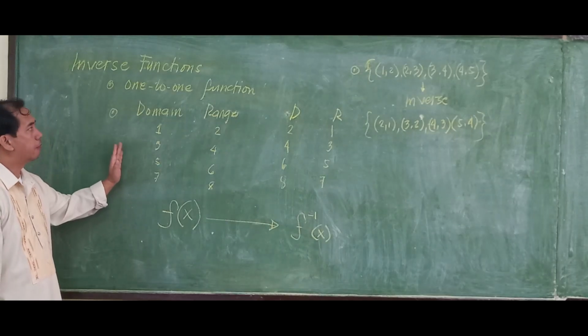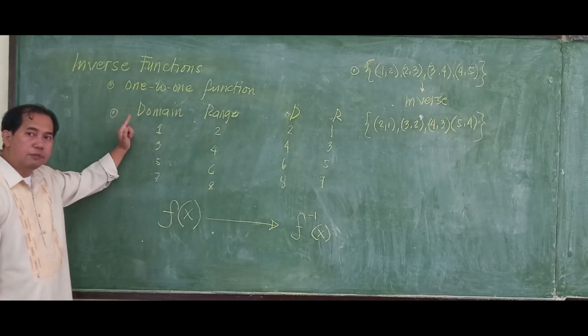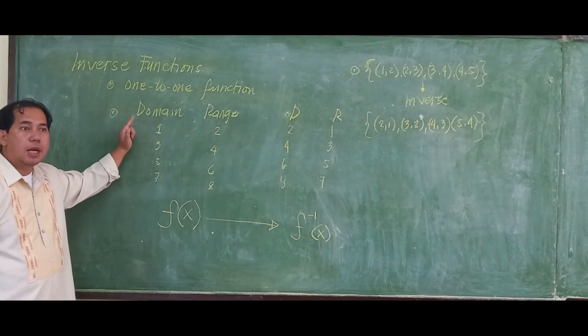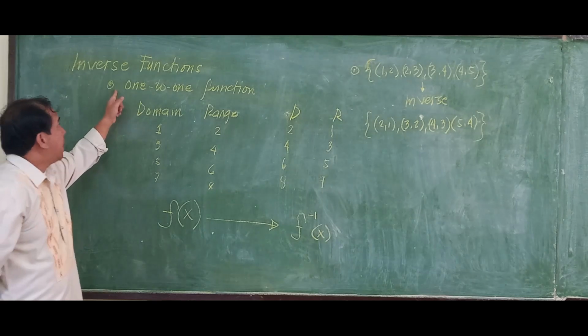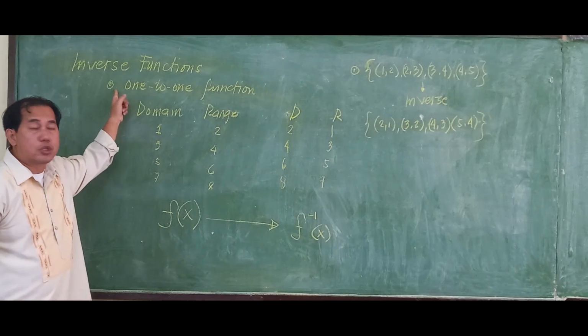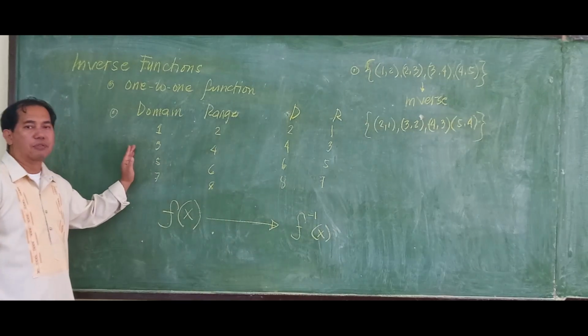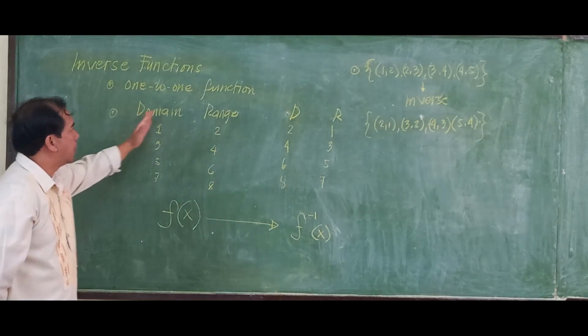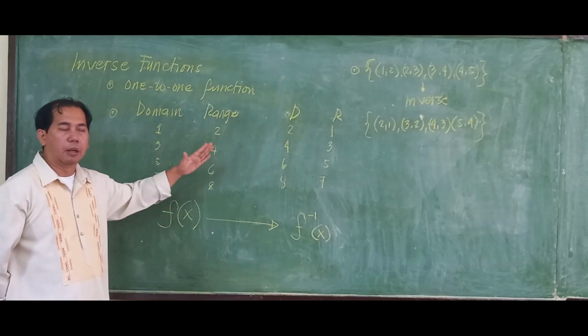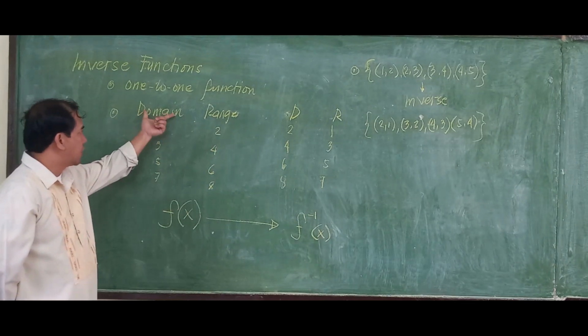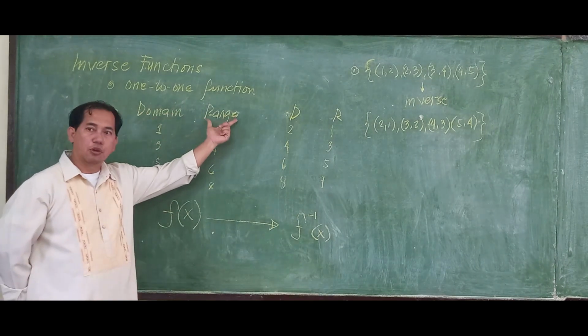Let's go back. When we say inverse function, again, it expounds on the one-to-one function. When we say one-to-one function, this can be illustrated by this example. Our example here is the set of domains and the set of range.